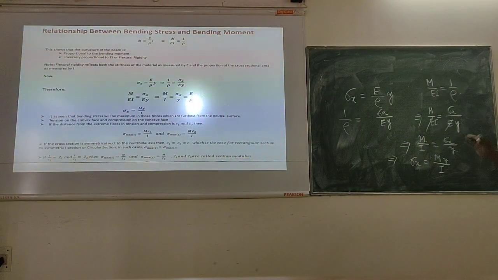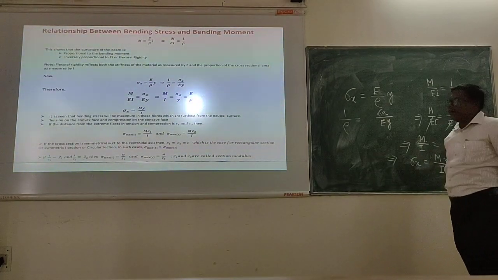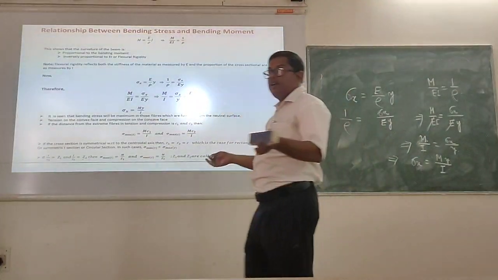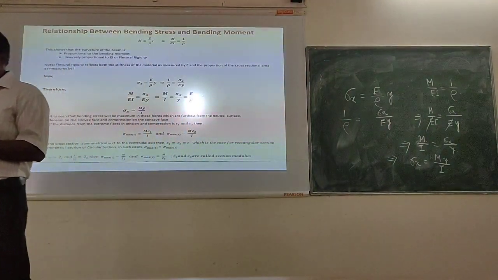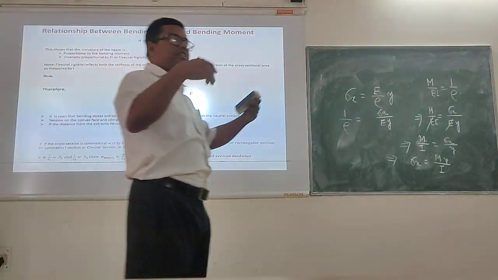Clear? Now from this, sigma x equal to M y by I, we will try to understand a few more things: how the sectional property will drive the bending stresses. Sectional property means beams may be of different sections.